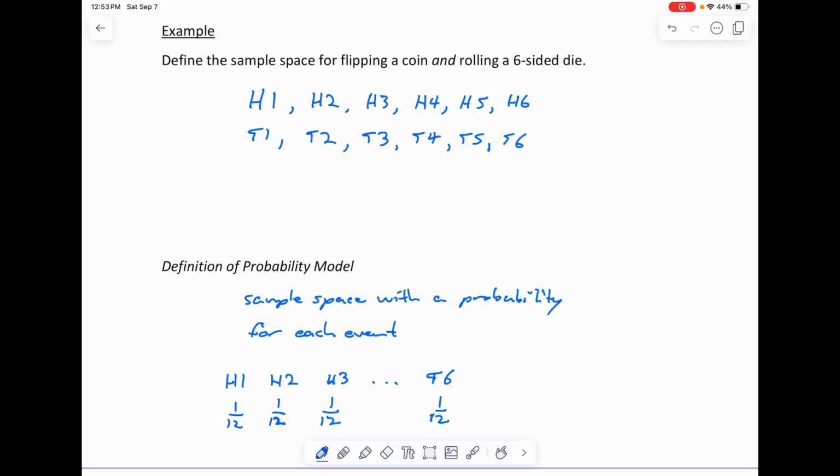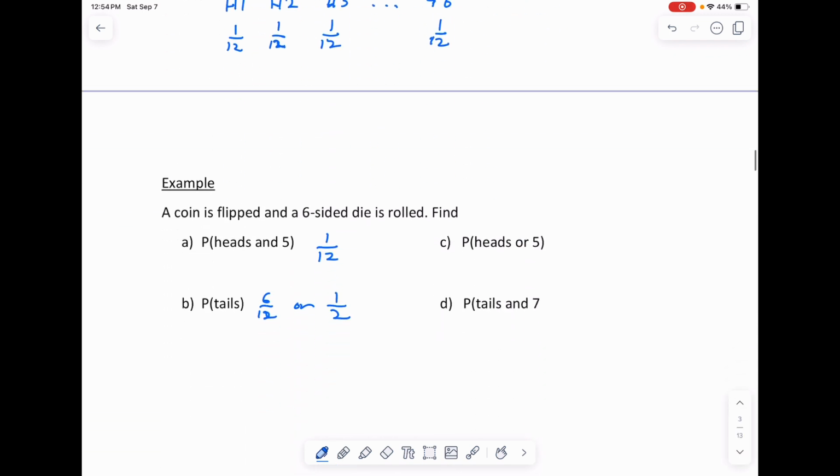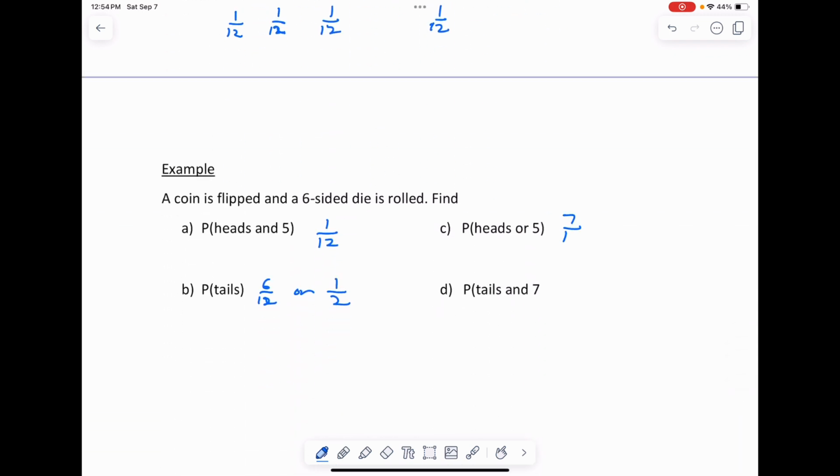Or means heads, doesn't matter what number it is, or a 5. Now we need to be careful because there are 2 ways of getting a 5, but we don't want to double count the head and the 5. I just counted the head and the 5 with the heads, so really there are 7 ways. There are the 6 ways of getting a head, plus the tails 5 combination, so that would give me a probability of 7 out of 12.